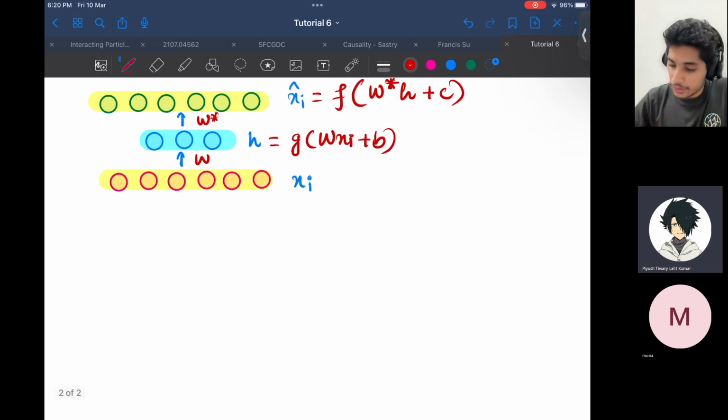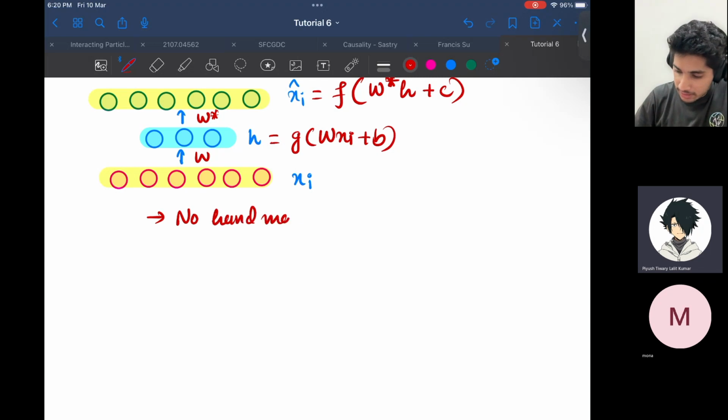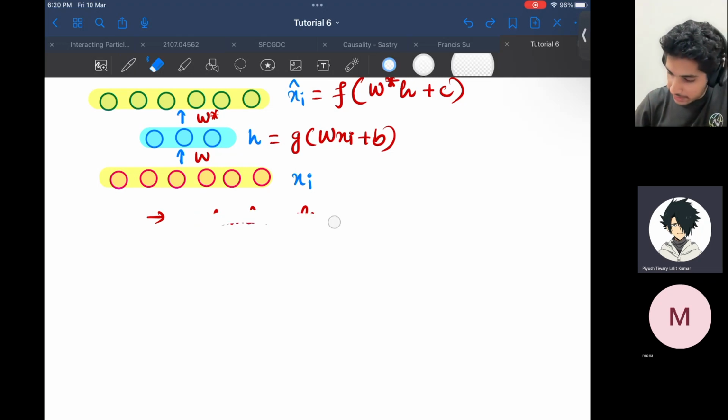In my opinion, the most important thing about this autoencoder is that there is no handmade, you know, what do I want to say, application of autoencoder. Yeah, let me come to it. What I wanted to say was, let me write it as follows.